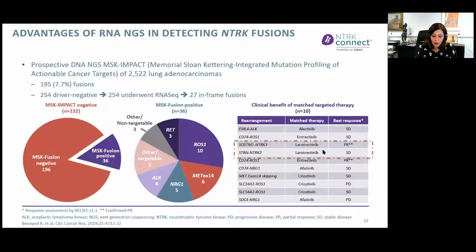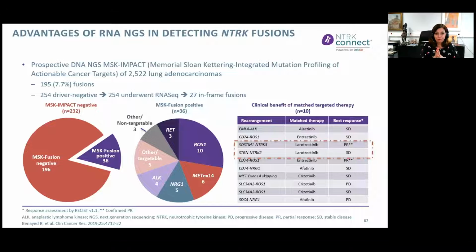This is highlighted by this study from Memorial Sloan Kettering Cancer Center. In a series of more than 2,500 lung adenocarcinomas, they started with the MSK-IMPACT, so DNA NGS, and they found 7.7% fusions.